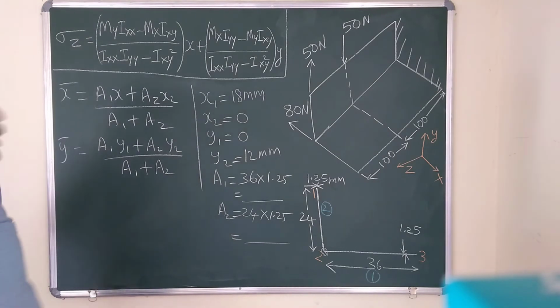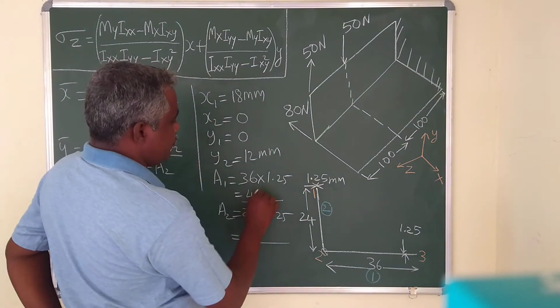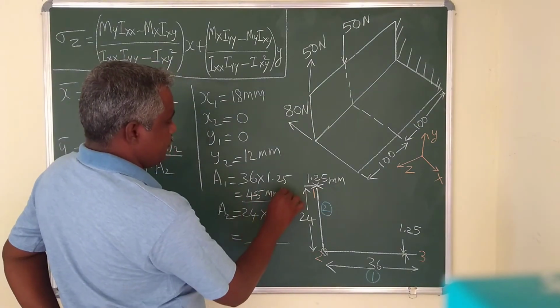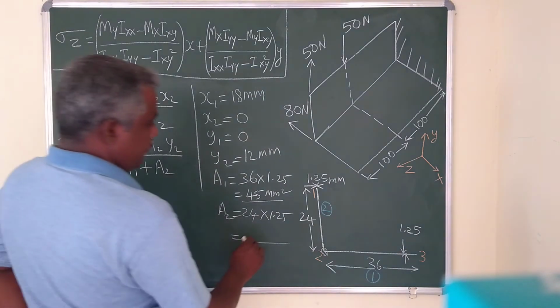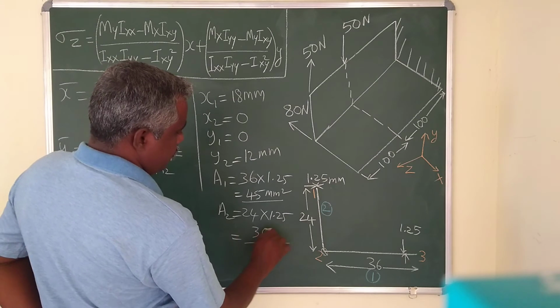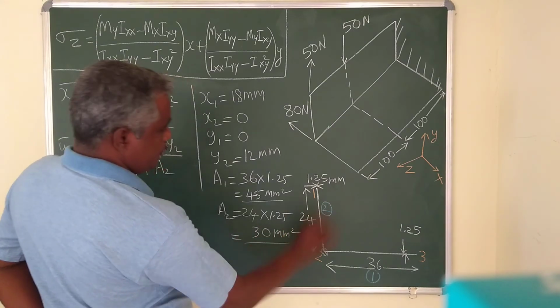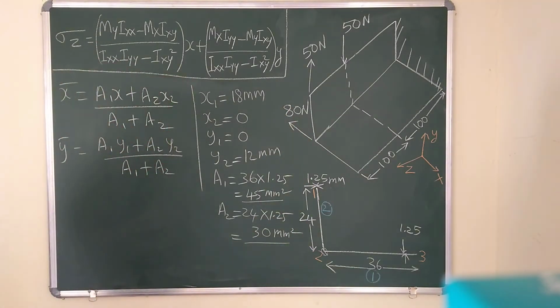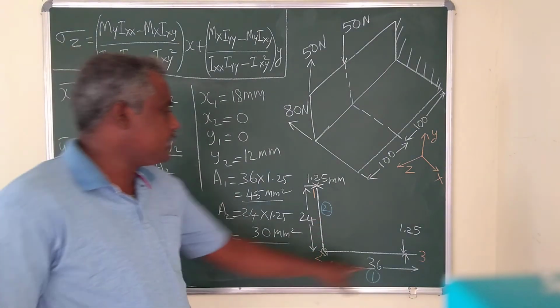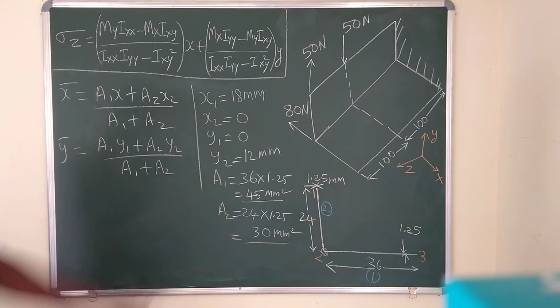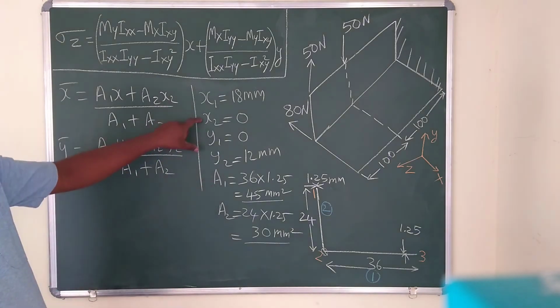A1 is 45 mm square and A2 is 24 into 1.25, which is nothing but 30 mm square. So A1, A2, x1, x2, y1, y2 we have got.